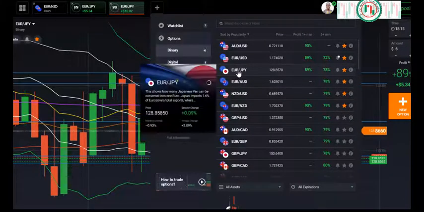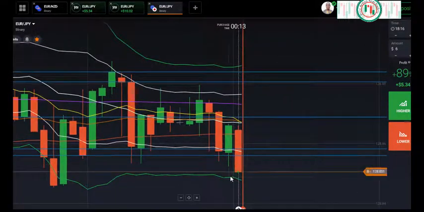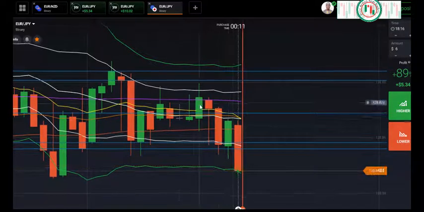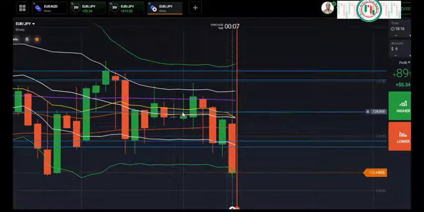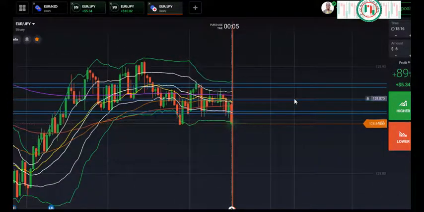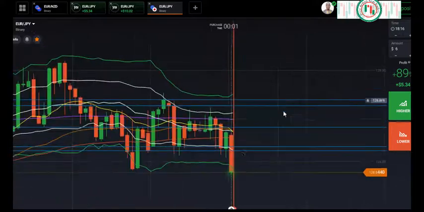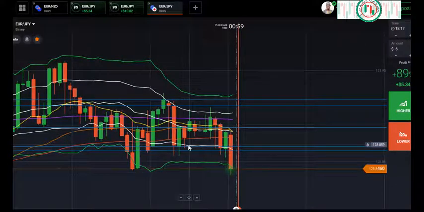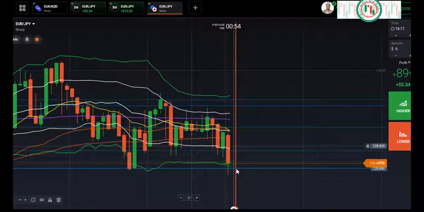Now we are getting a good opportunity. So the market is coming to this level, to here. The market is here now at this level.